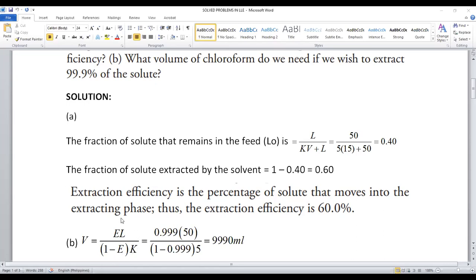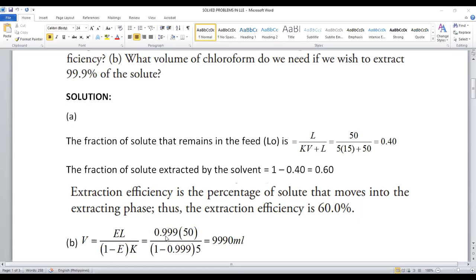This formula was not presented in the previous slide, but you can derive it from the set of three formulas that only McCabe shared. It's not found in John Copley's. Nonetheless, this is the volume of the solvent that will achieve the stated efficiency.